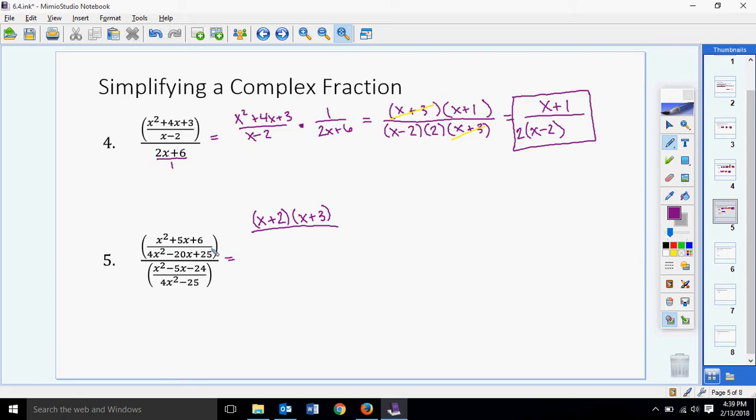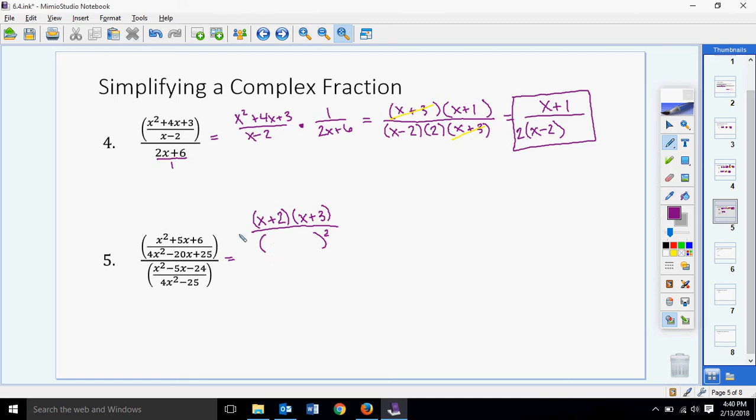And then down here, the thing that sticks out is I notice that my a is a perfect square number, right? 4 is 2 squared. And my c is a perfect square number. 25 is 5 squared. So this is actually a perfect square trinomial. And I don't know if you remember, hopefully you do, but in chapter 5, a perfect square trinomial, we wrote as one set of parentheses, quantity squared.